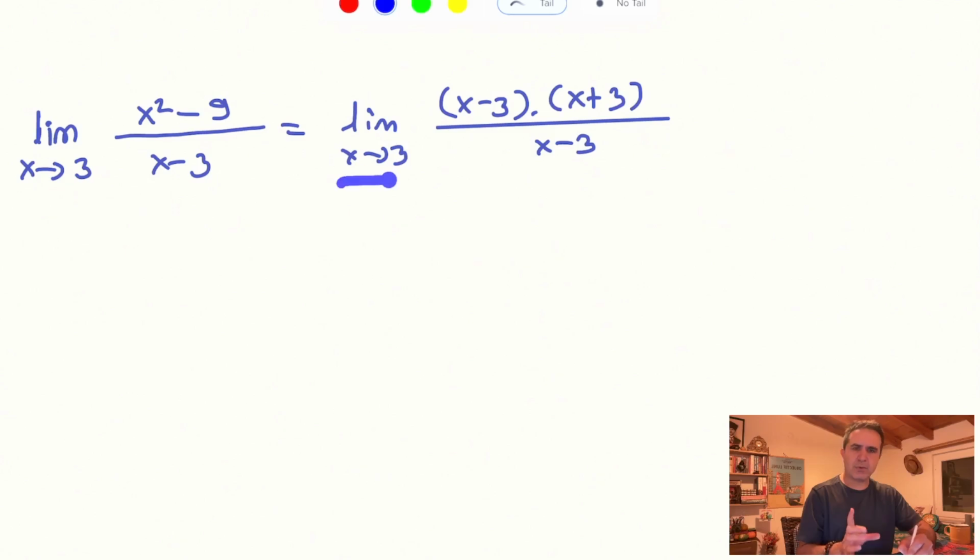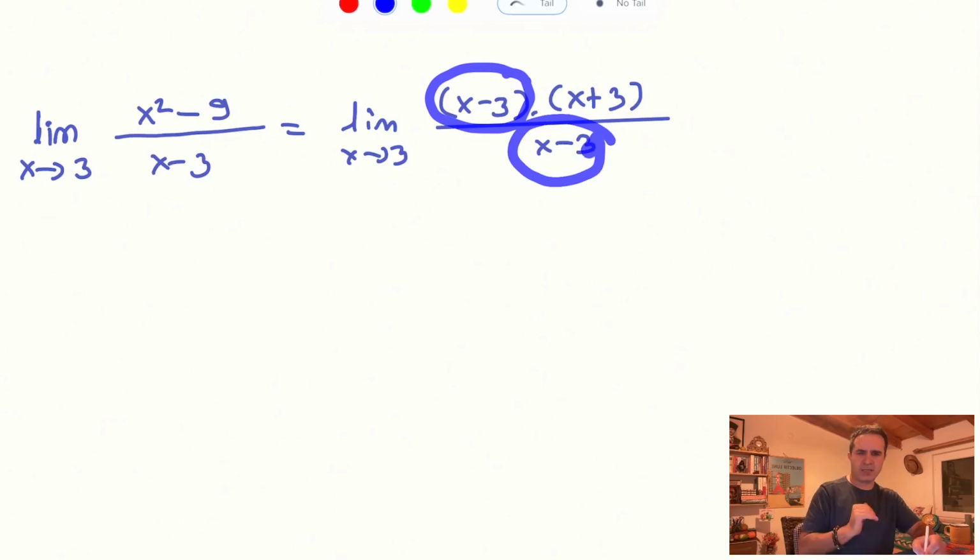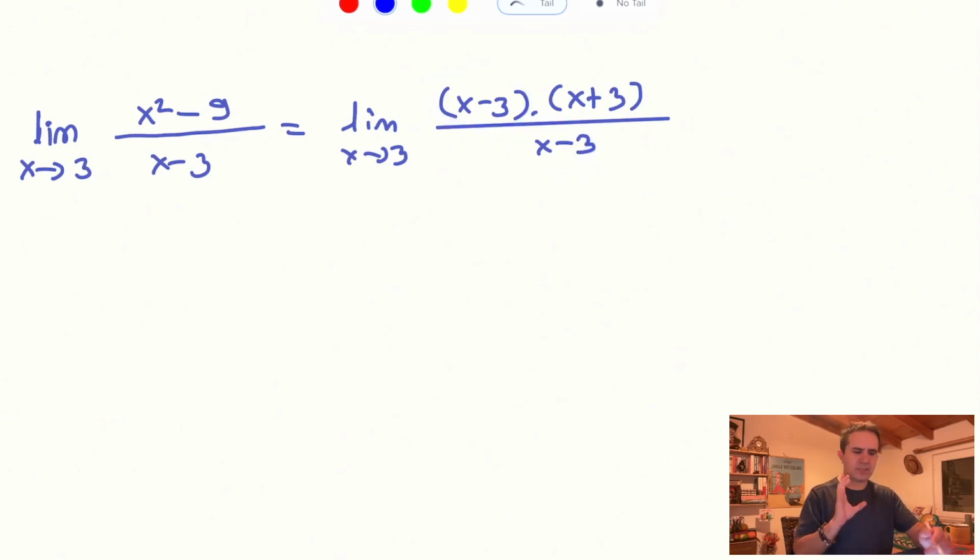As x approaches 3, x minus 3 approaches 0. Now, since x minus 3 approaches 0, if we write 3 here, we will get 0 divided by 0. But here is the most important part.